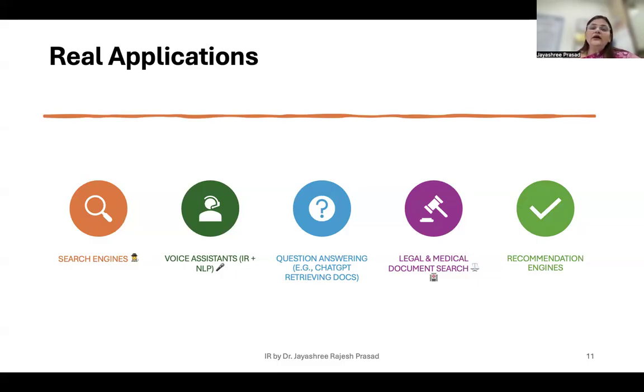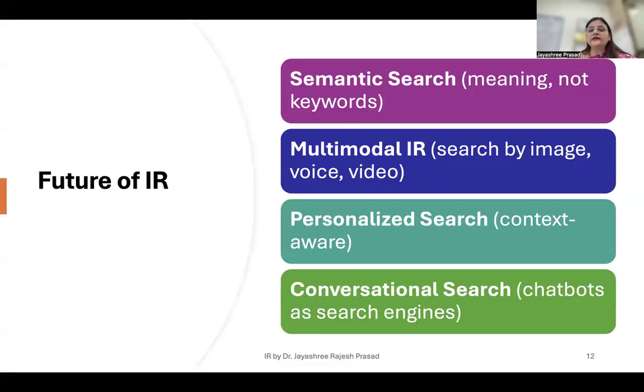Legal and medical industries use information retrieval to sift through case laws or patient histories. Then we have recommendation engines like YouTube or Netflix. They are powered by retrieval plus personalization. So everywhere you look, IR is working silently behind the scenes.